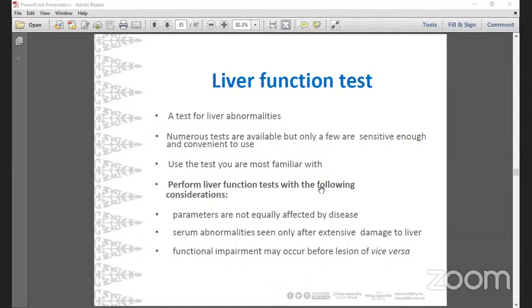And in case of the serum abnormalities, we can see changes in the serum only after extensive damage to the liver. And one more thing is the functional impairment may occur before lesion or vice versa.